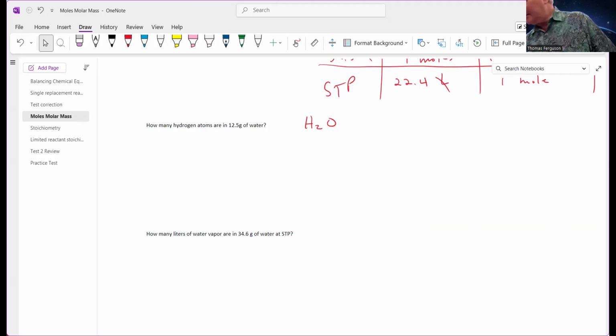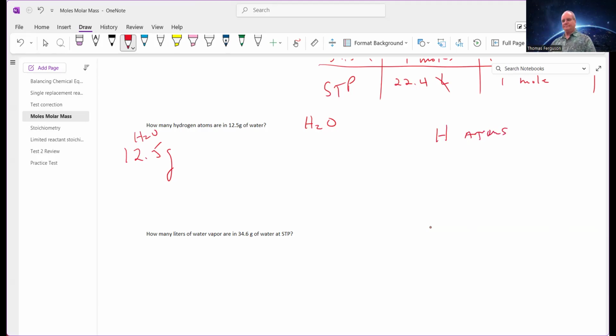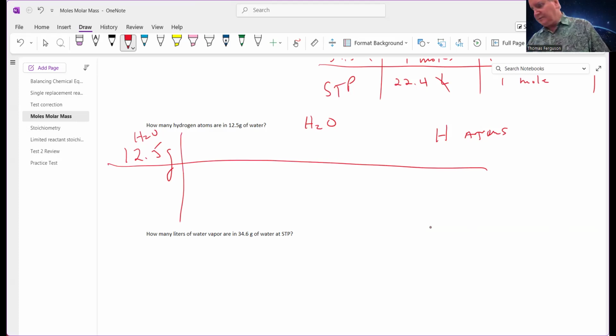Okay, so we're starting with 12.5 grams of water. We want to end up with hydrogen atoms. Okay, so first we're going to convert to moles. And then from moles to the number of molecules.